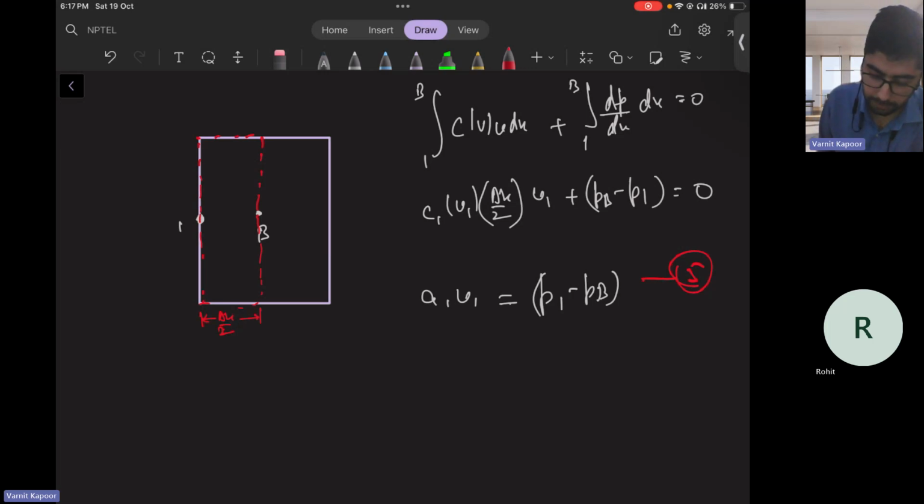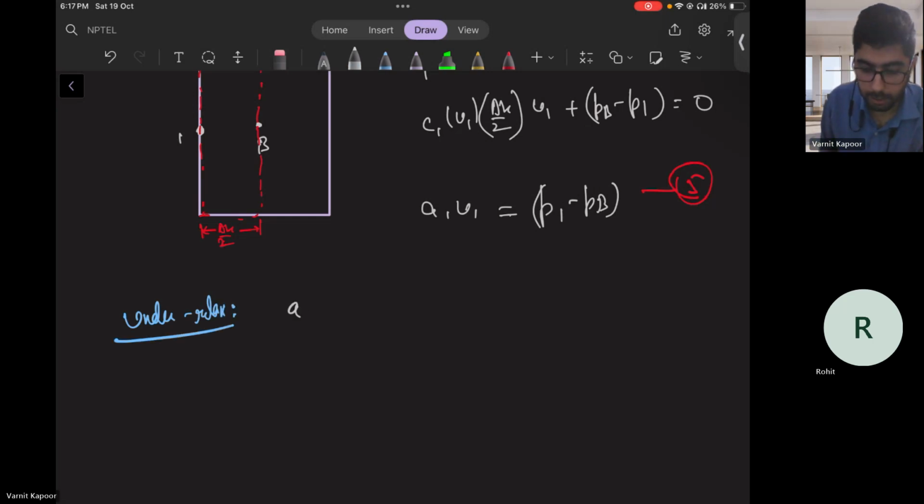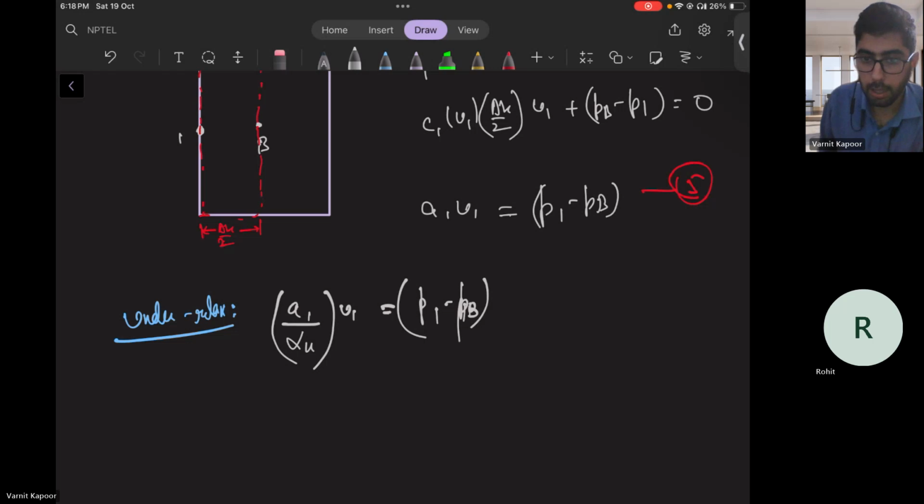And if you under-relax this, you will get A1 by alpha U, U1 equal to P1 minus PB plus 1 minus alpha U by alpha U, A1 U1 star.